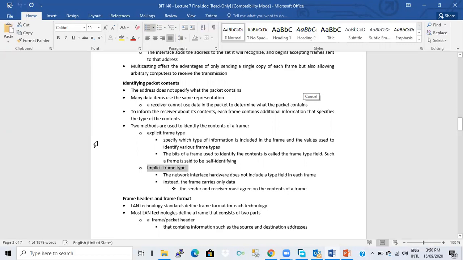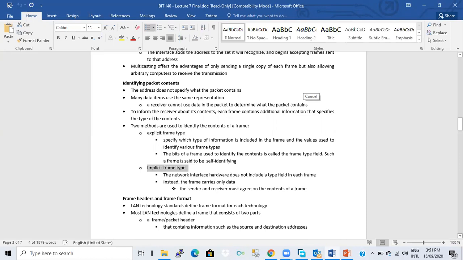With the implicit frame type, the network interface hardware does not include a type field in each frame. Instead, the frame carries only data. So the sender and the receiver in this instance must agree on the contents of the frame.